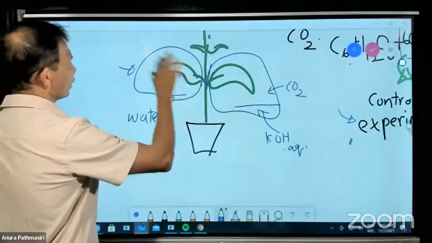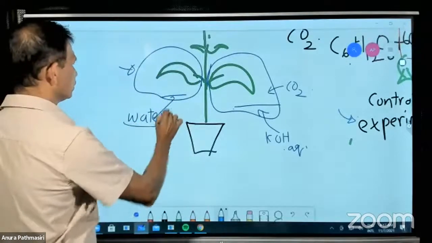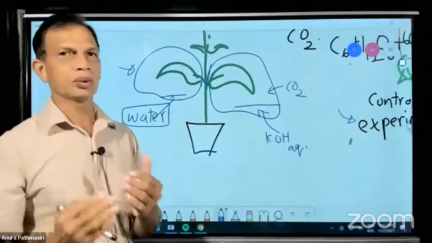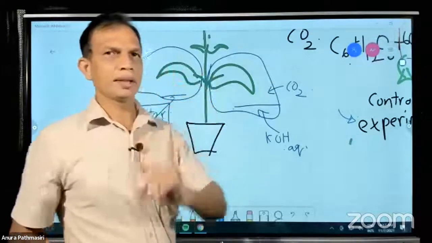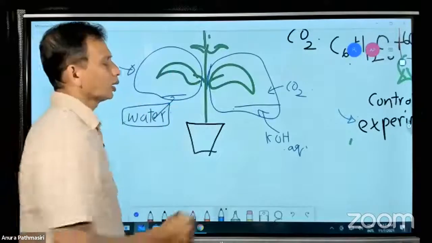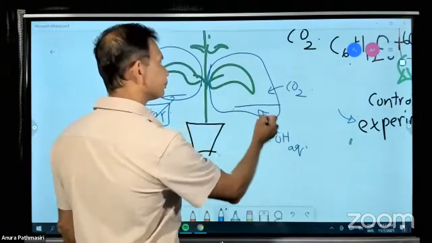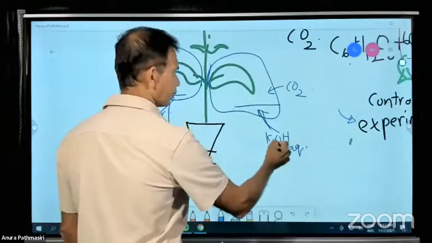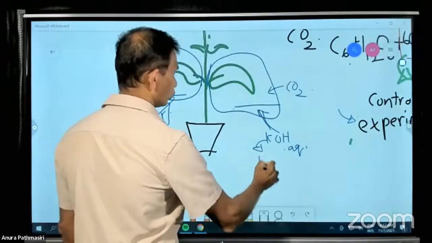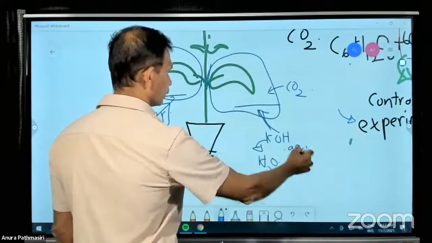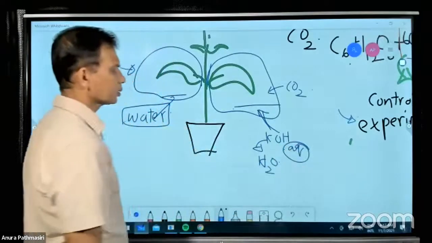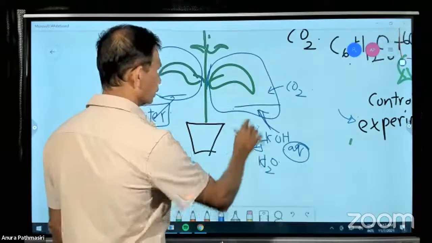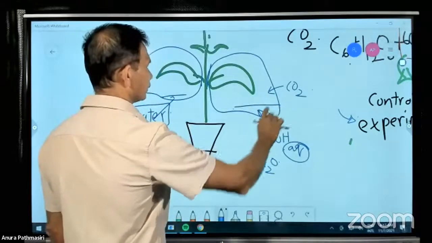The control setup is the one where everything is given. So you can have carbon dioxide, but water is given, because we want to avoid only one factor, not two. If you use potassium hydroxide and water, both are there in the bag.